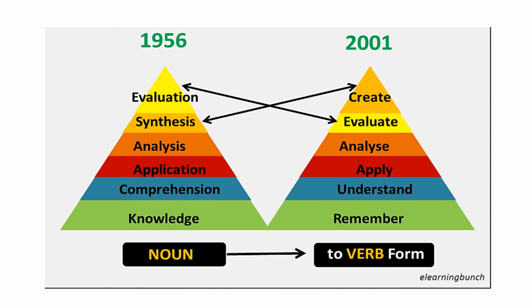So it became verb. So we have remembering, understanding, applying, analyzing, evaluating, and take note, the highest level is creating. So this is the revised Bloom's taxonomy according to Lauren Anderson. Lauren spelled as Lorin, Anderson.